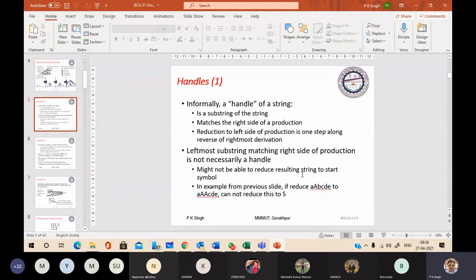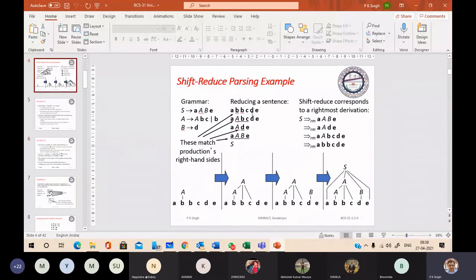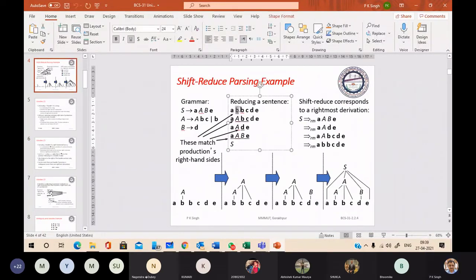Formally, a handle is a production A to beta and the position in the string where beta may be found and replaced with A. In this case, here we have the handle B, the substring B and its position. The handle gives this information.